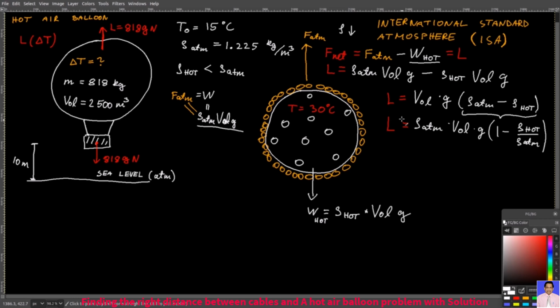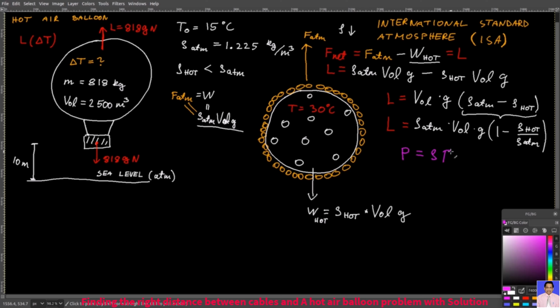And now this lift here needs to end up being 818 G newtons in order to balance out this force of gravity that is not due to these air molecules, but rather is there due to all the material that the balloon has. Right now, this formula is a function of air densities. However, I'm going to give you another equation.